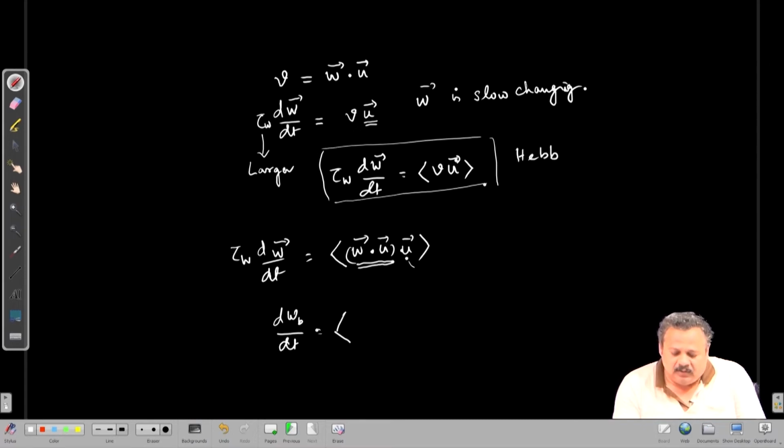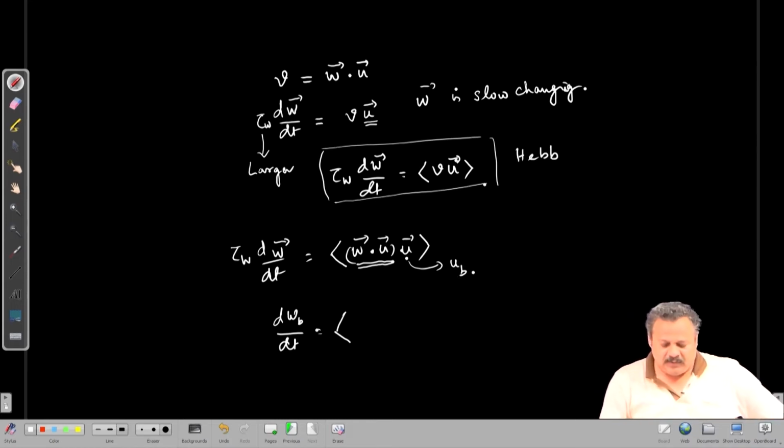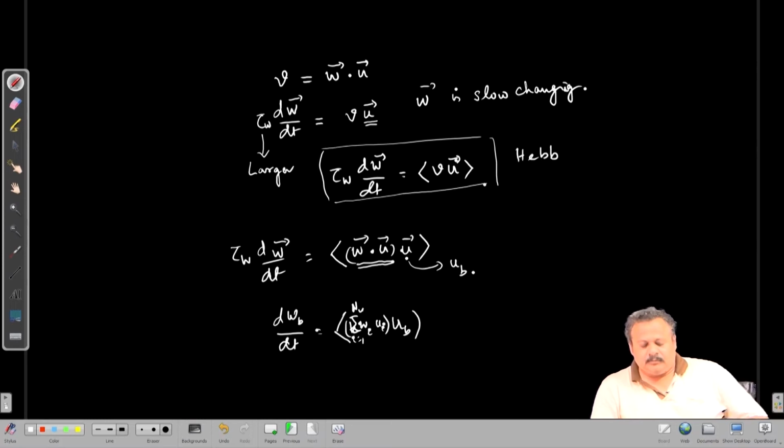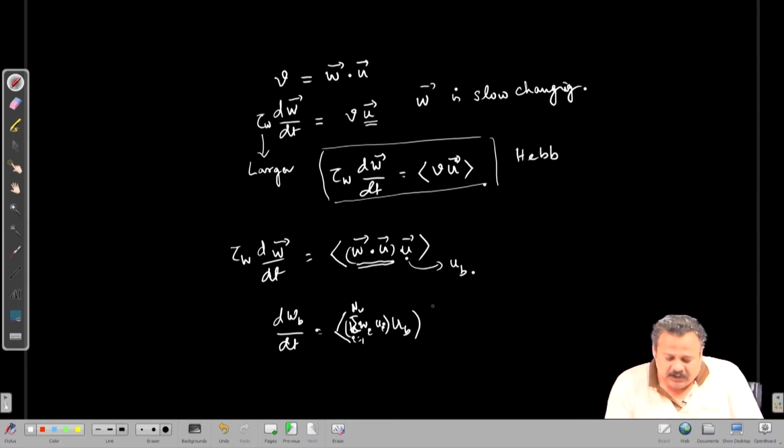So, here we only consider U_b, that is one particular input, and so this is U_b times the summation of W_i U_i, i equals 1 to N_u, and we are averaging this.